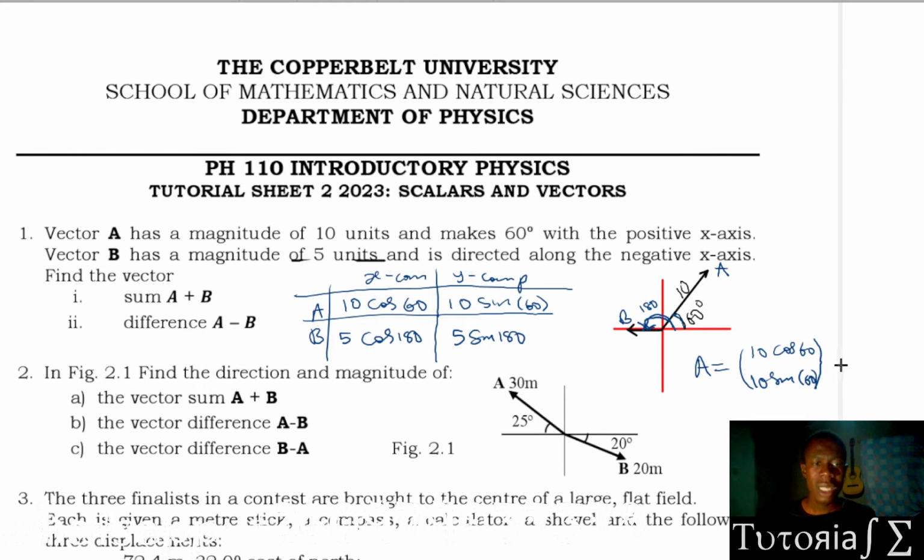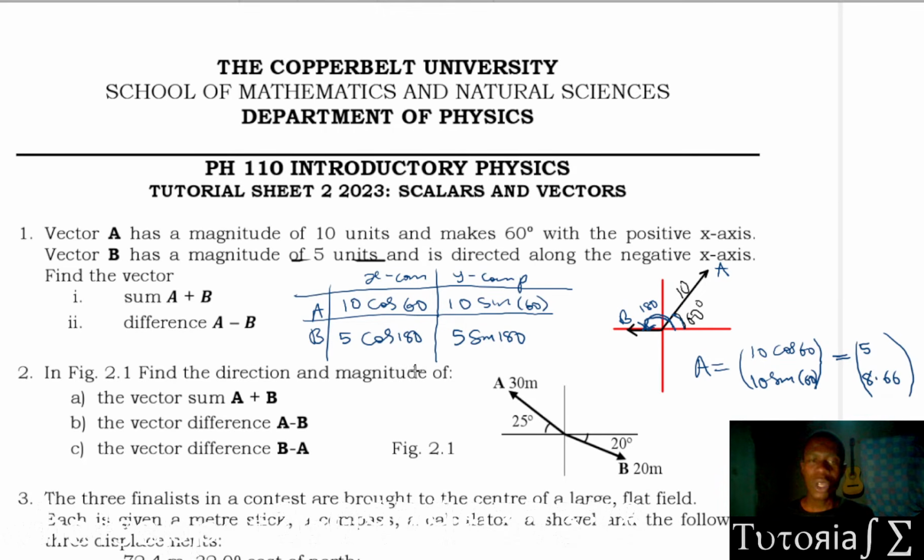So now this is actually equal to, when we simplify, cos 60, that is half times 10, that will give us 5. Sine 60, that is 0.8660. So times that will be 8.66. All right, so that is A. Those are the components 5 and 8.66.